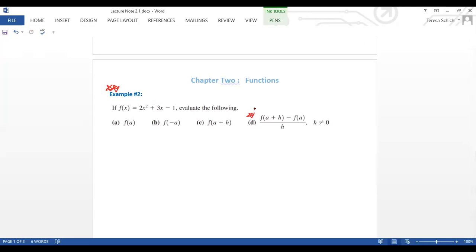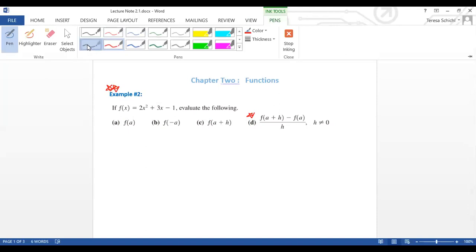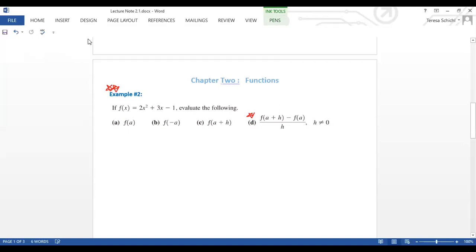The reason why I said D is very important is because when you go to calculus in the first chapter, when we try to derive the derivative, this will be the format we use. So we need to be very familiar with how to do this and how to simplify it, all right?